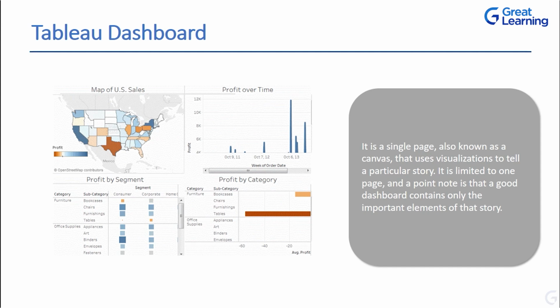Now, when you talk about a dashboard, think of it as a canvas or a single page, also known as canvas, as I've just mentioned, as you can see in the definition on the screen, right? It is a single page or a canvas where you can put forth visualizations from different reports.